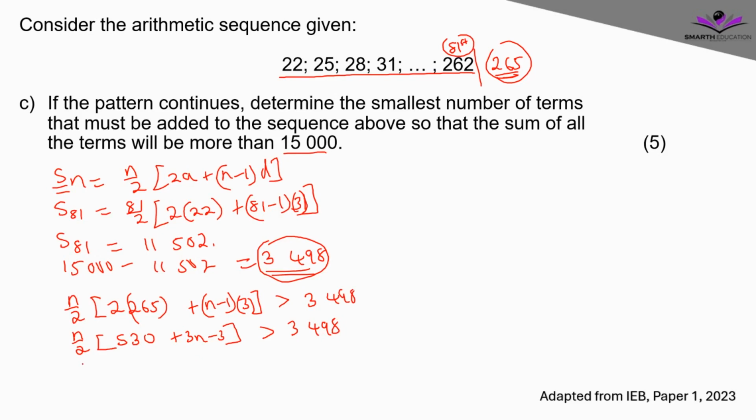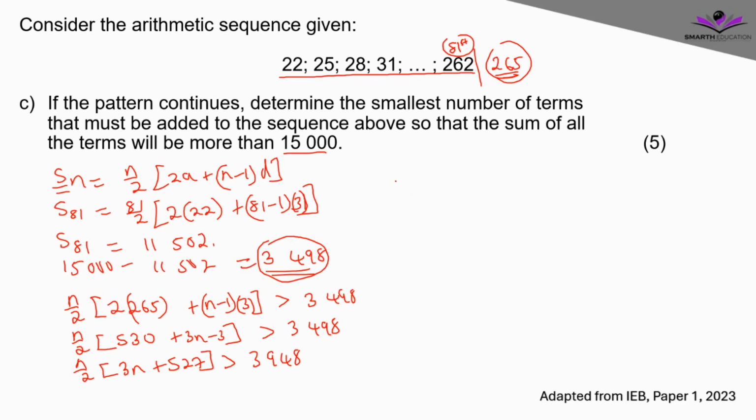So we can simplify this, n over 2, 3n plus 527, greater than 3,498. Let's multiply by 2 on both sides of the equation.